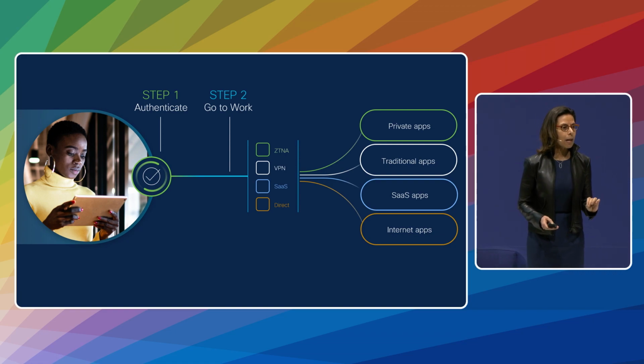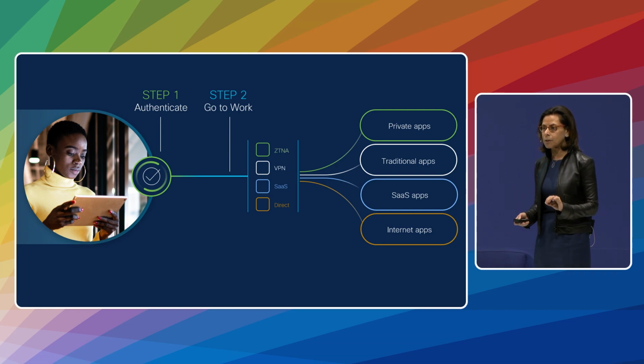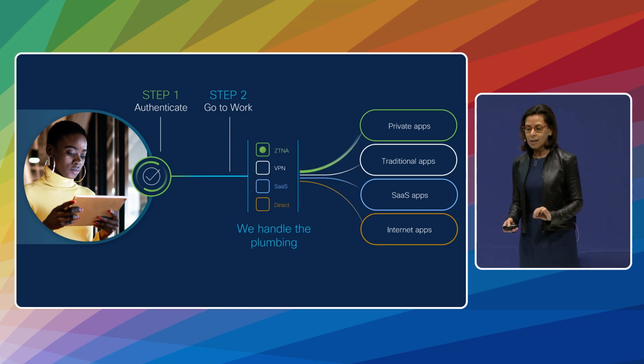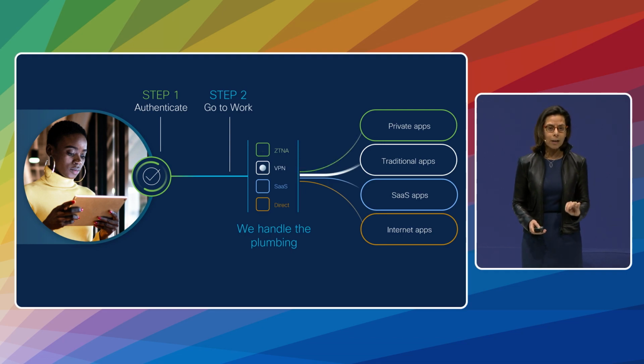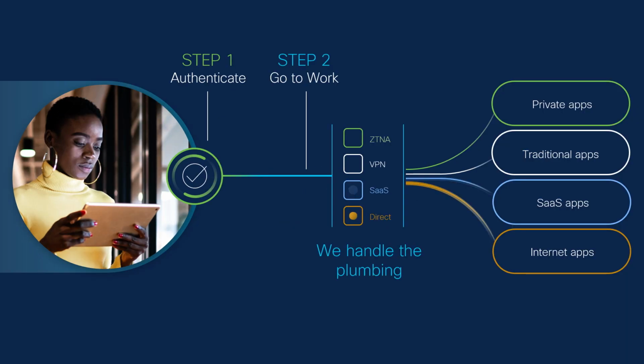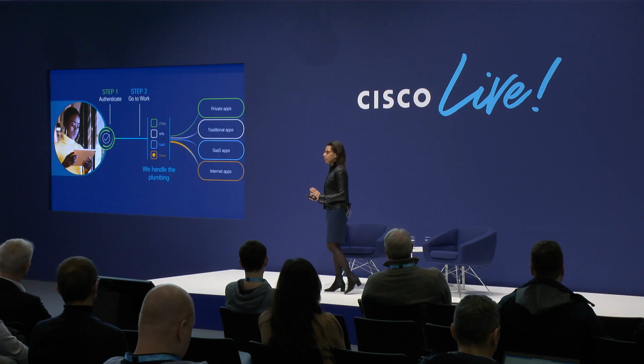Of course, we still have to make the decision underneath the cover on how that access is happening. But we are plumbers, and we are very good at handling the network plumbing. We do this automatically and seamlessly for users, and they never see it. So one experience: I get authenticated once, and I go and access my applications no matter where they live.